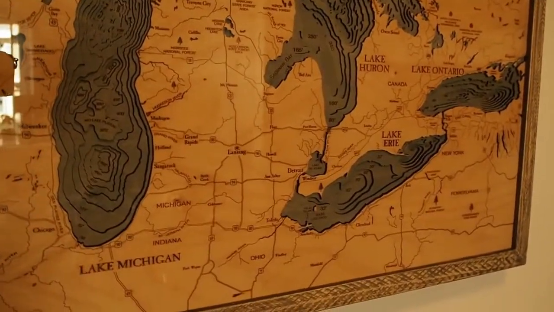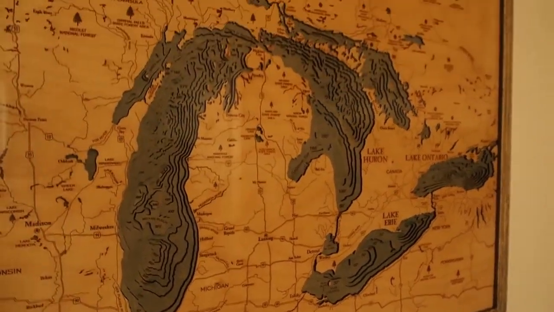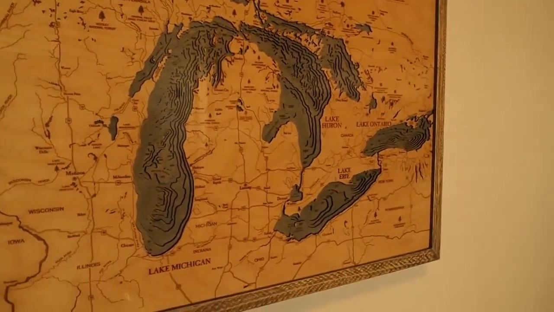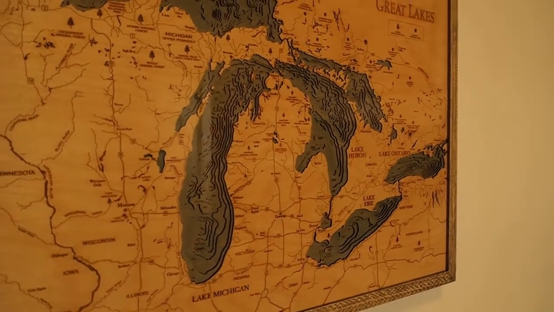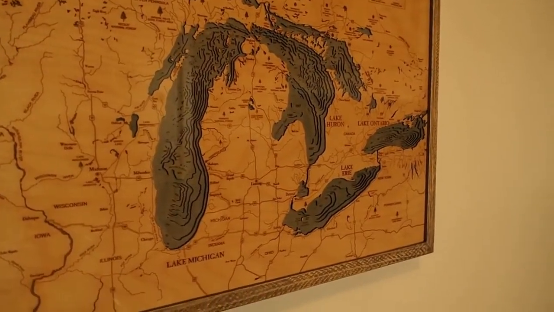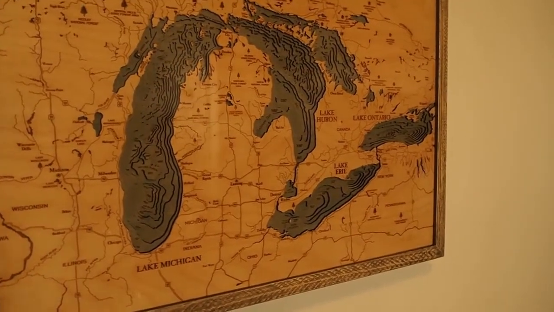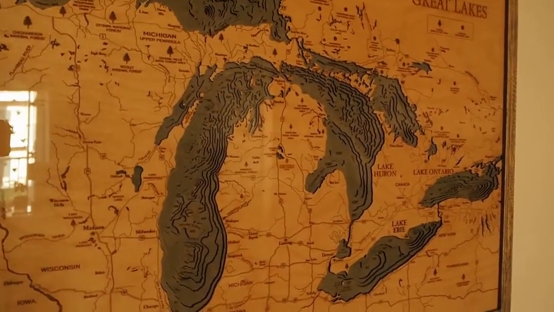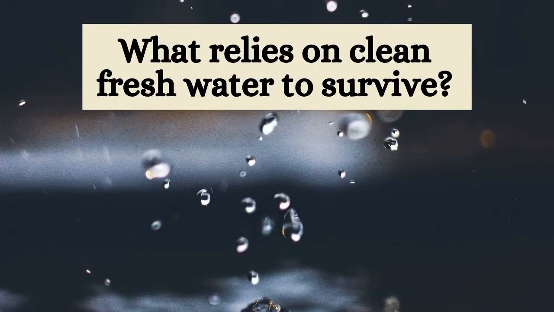But that means we have to be responsible, right? We have to make sure that we're keeping it clean and that we're preserving it, that we're not using too much of it. Because not only do other people rely on this fresh water to survive, but what else relies on water to survive? Take a pause, think about it.